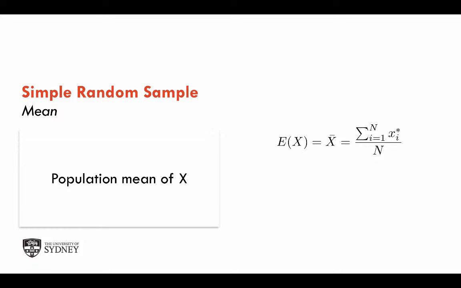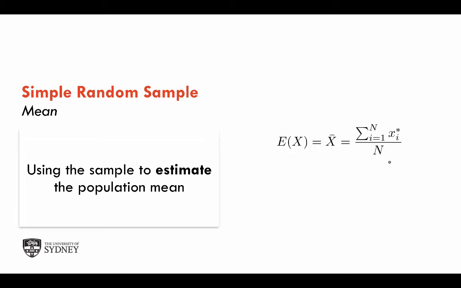So let's suppose that we want to estimate the population mean of a certain variable x. We know the expression for the population mean is given by summing every individual in the population, represented by x star, divided by the size of the population. Now, to use the sample to estimate the population mean, we will replace each individual in the population by the individuals in the sample weighted by the respective weight.